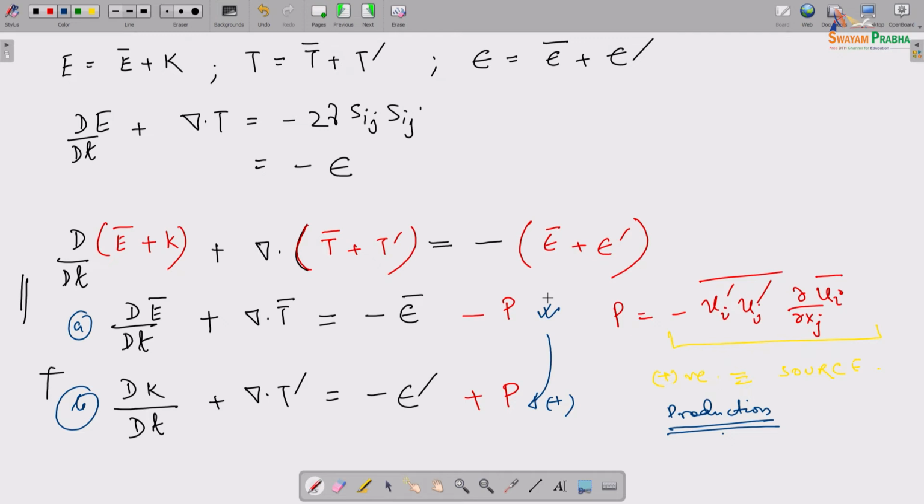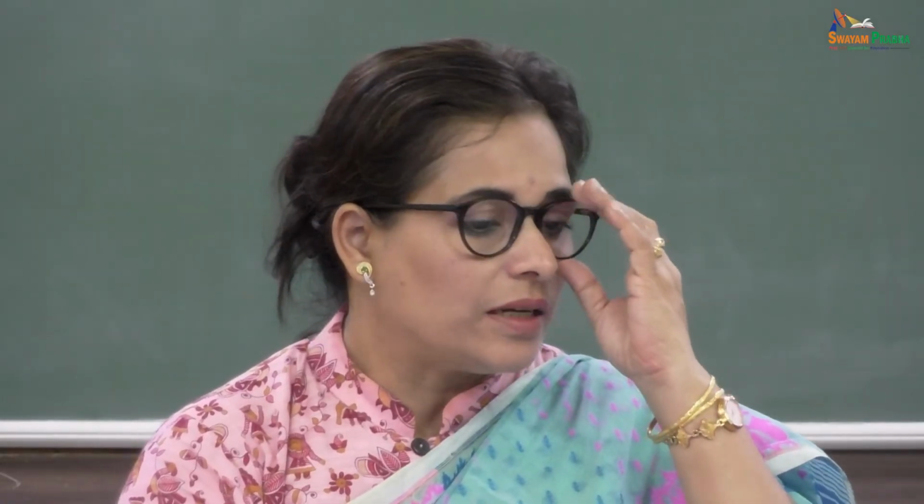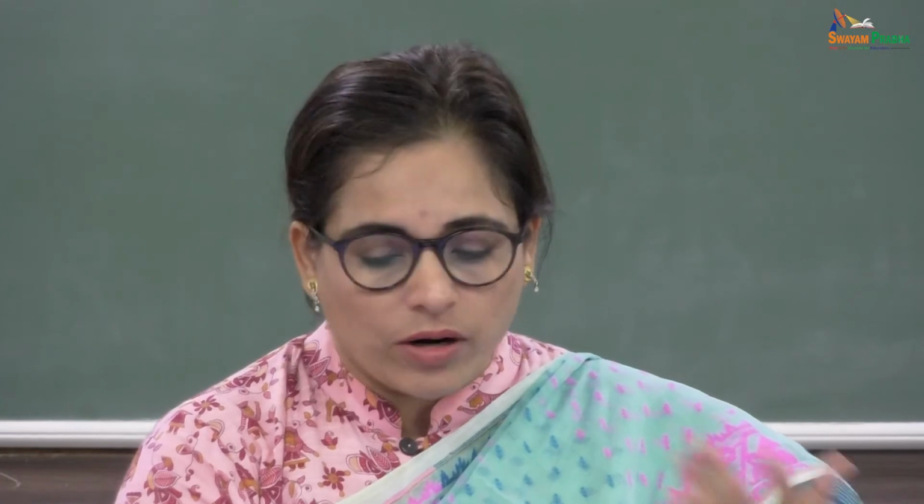So I'm essentially taking out energy from the mean part of the flow and adding it to the fluctuating part of the flow. To be more explicit, I'm removing K from the mean part of the flow and adding it to the fluctuating part of the turbulent flow. So that is essentially what the production is doing.